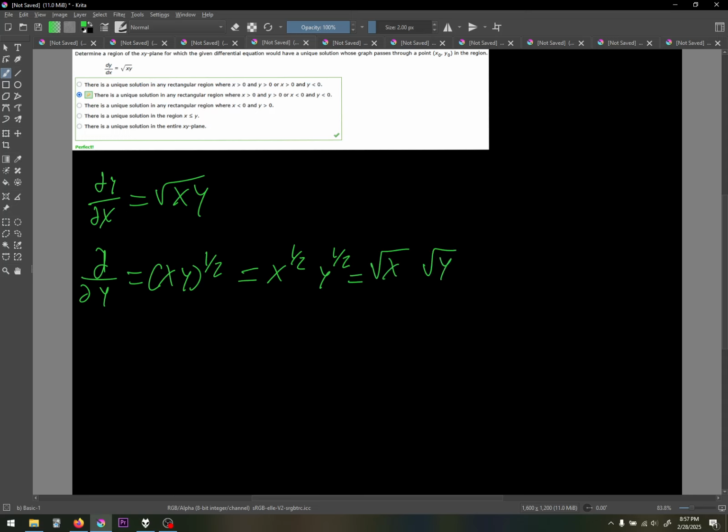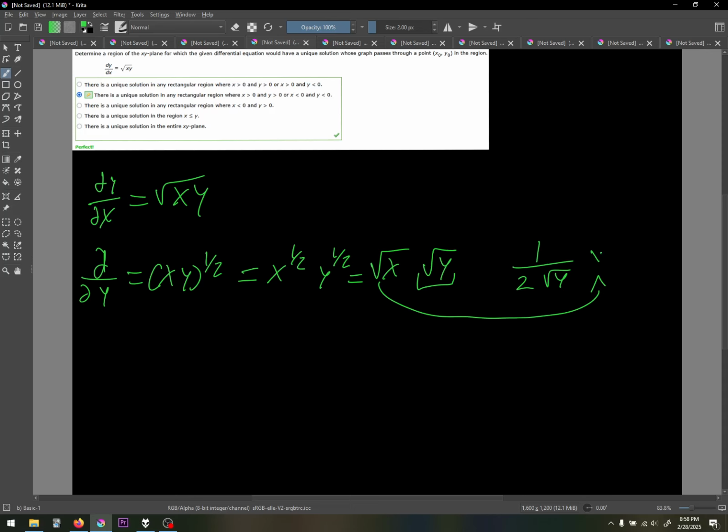And since we're taking the partial derivative of y, we're only going to be worrying about this y term. Now, derivative of a square root is going to be equal to 1 over 2 of that square root. And since we're taking the partial derivative, then we carry the x through, right?